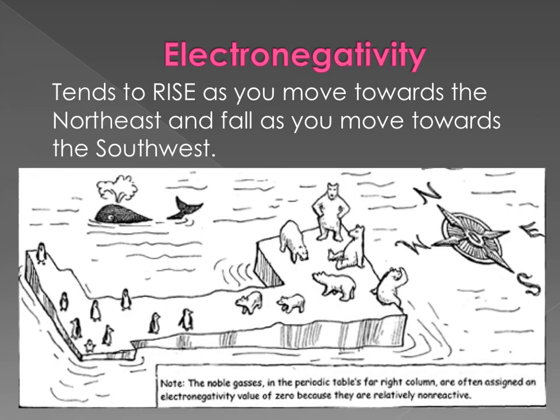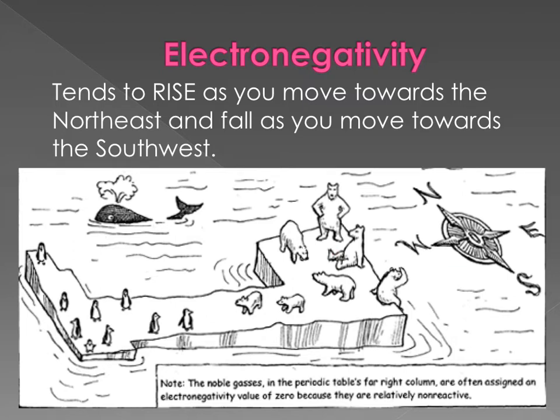If you think back to when we talked about periodic trends, we said that the electronegativity value tends to rise as you move towards the northeast, top right corner of the periodic table, and those electronegativity values decrease as you move southwest. So again, we're talking about polar, and they're using a polar bear as an example.